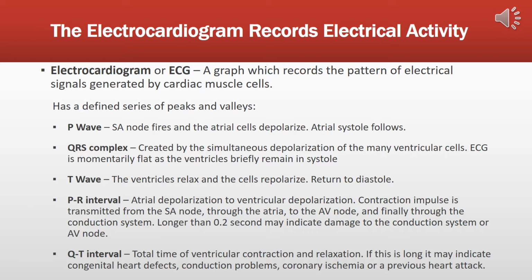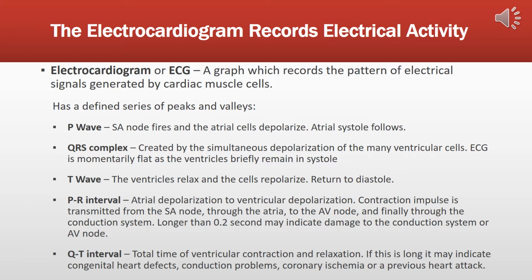The PR interval is the part of the graph which shows atrial depolarization to ventricular depolarization. The contraction impulse is transmitted from the SA node, travels through the atria to the AV node, and then finally to the conduction system of the heart.